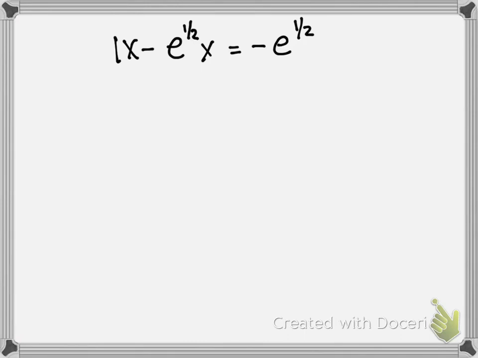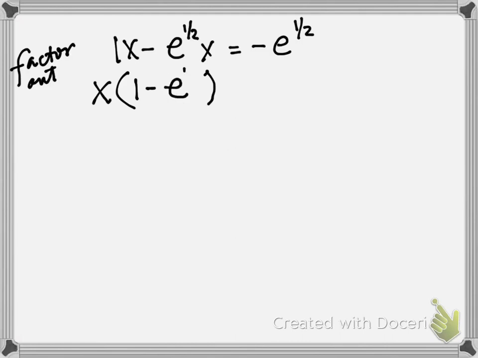So now I want x by itself. Since these two terms have a common variable x, I can factor out the x. And so I'm left with 1 minus e to the 1/2 inside equals negative e to the 1/2.